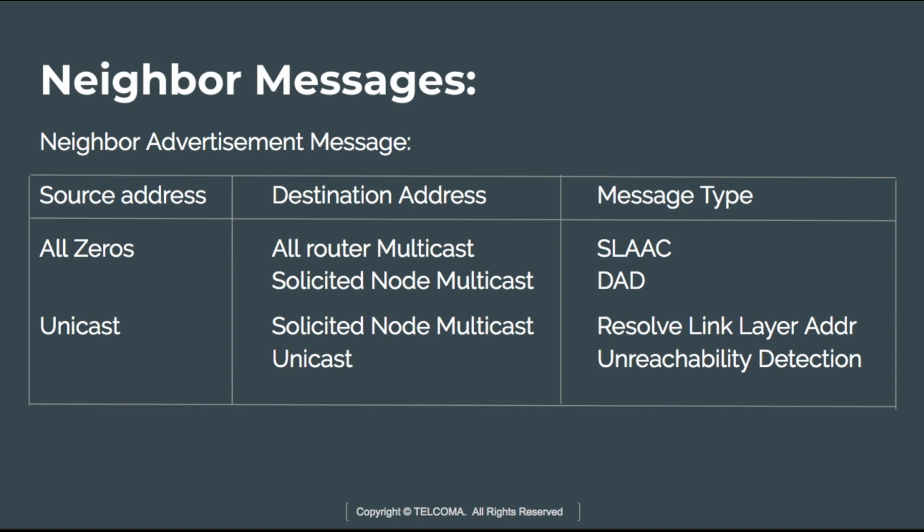After that, if the source address is unicast, the destination address will be solicited-node multicast, and then the message type is resolving the link layer address. Here we are resolving the link layer addresses. And if the destination address is unicast, then we are detecting whether the neighbor is unreachable or not, running the NUD algorithm.